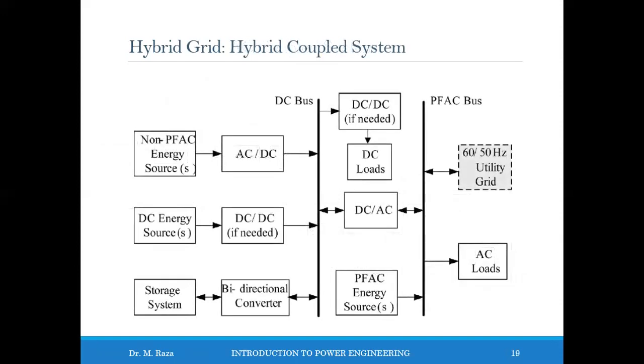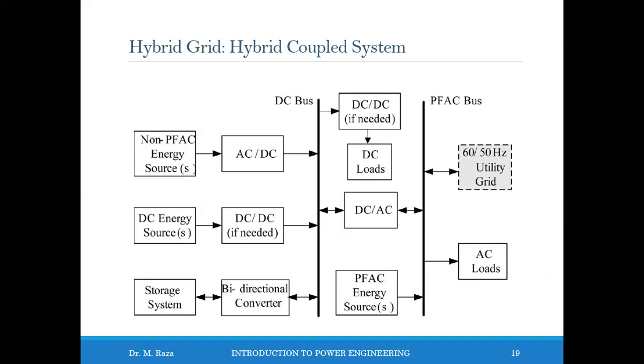Instead of connecting all the distribution generation sources to just a single DC or AC bus, as discussed previously, the different distribution generation sources can be connected to the DC or AC bus of the hybrid system. The diagram shows a hybrid coupled system where distribution generation resources are connected to the DC bus and or AC bus.